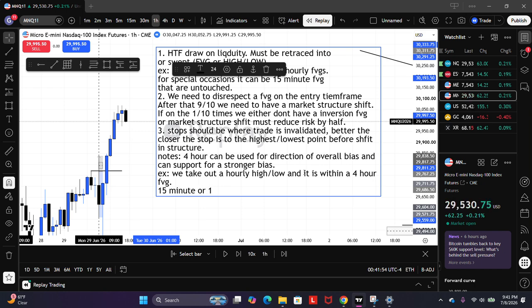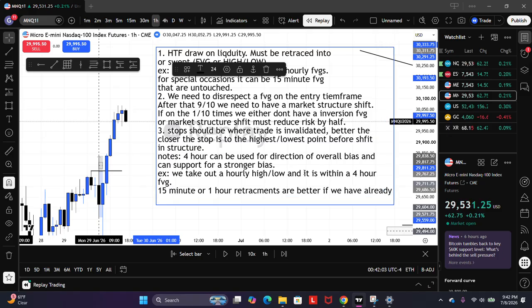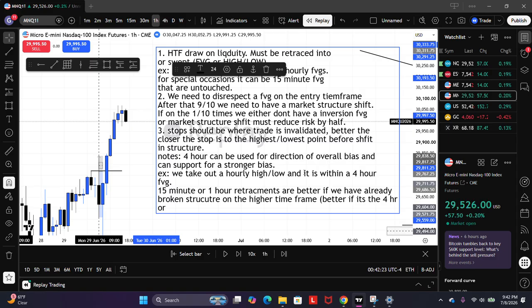15-minute or 1 hour retracements are better if we have already broken structure on the higher time frame. Better if it's the 4 hour or 1 hour.